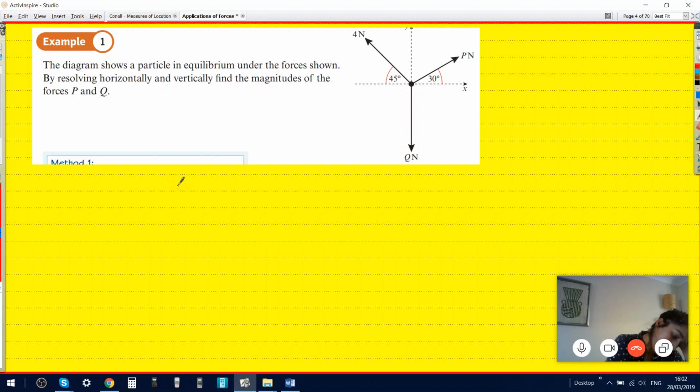So if we do 4 sine 45 and P sine 30, that equals Q. And then 4 cos 45 equals P cos 30.